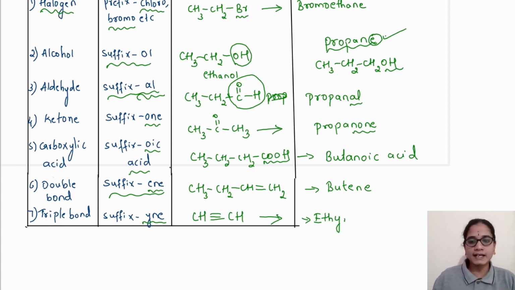So it will be ethyne because it is a triple bond. In this way, we name the carbon compounds having functional groups. It is very important that you remember all these functional groups along with their prefix and suffix, which must be used in naming.